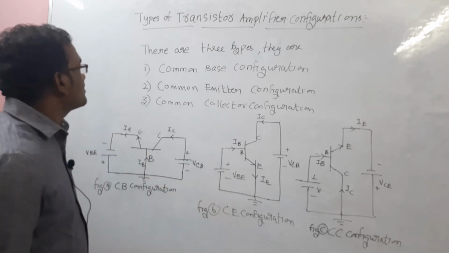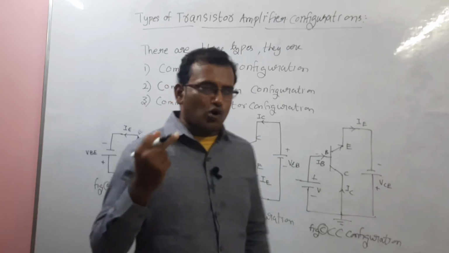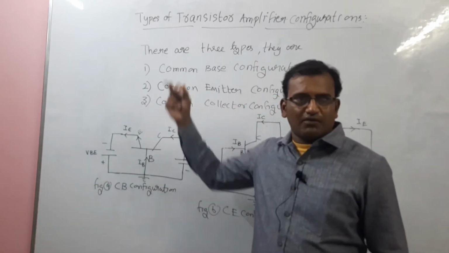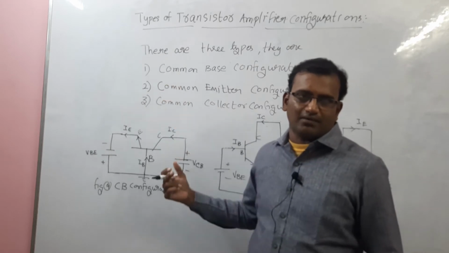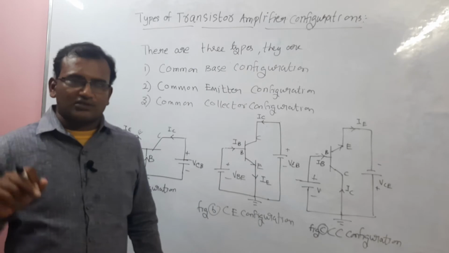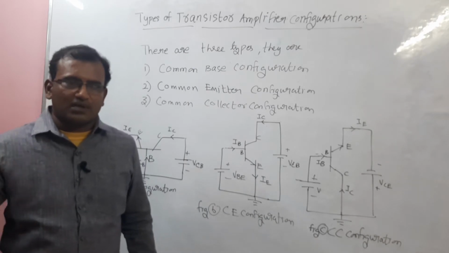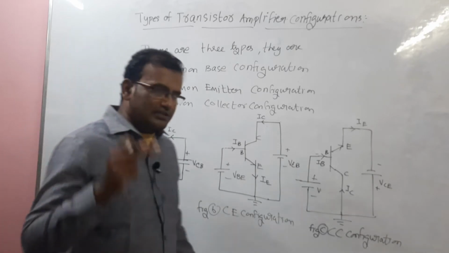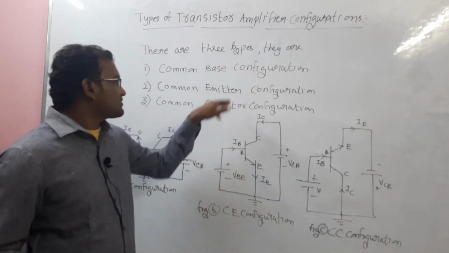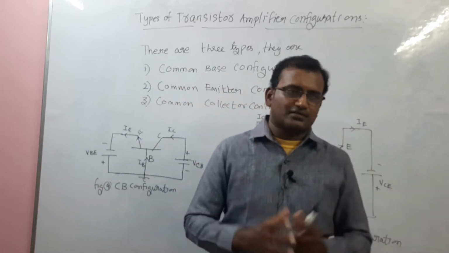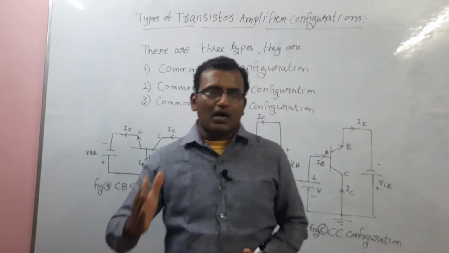First of all, what are common configurations? Here, common means common for every terminal: emitter, base, collector. But why should we call them common base configuration, common emitter configuration, common collector configuration? Generally these three terminals, emitter, base and collector, play three roles: one is input, one is output and one is common.